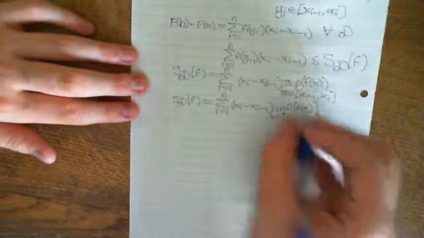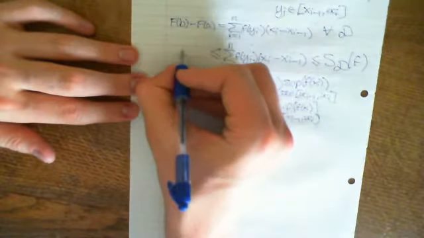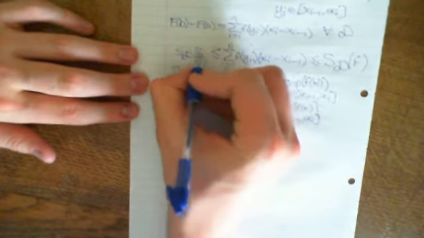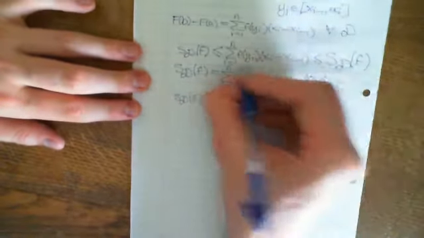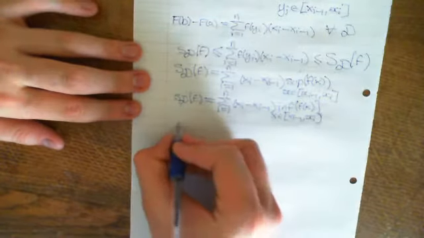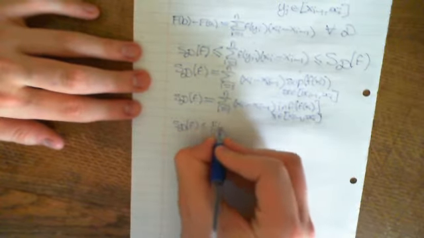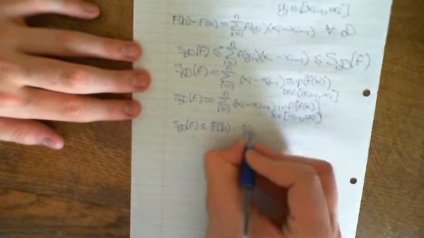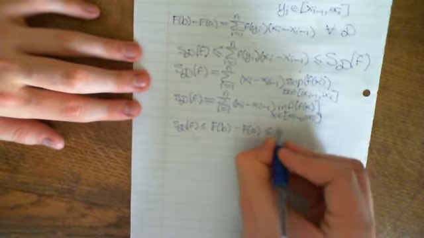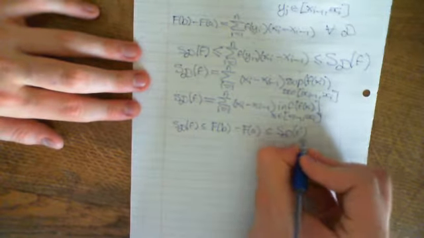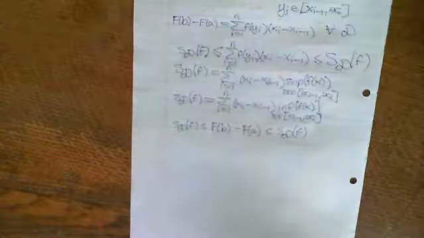So this is going to be less than or equal to this. And that is true, so now we could replace this with F of b minus F of a, because that's what that was equal to. And now this is true for absolutely every dissection.